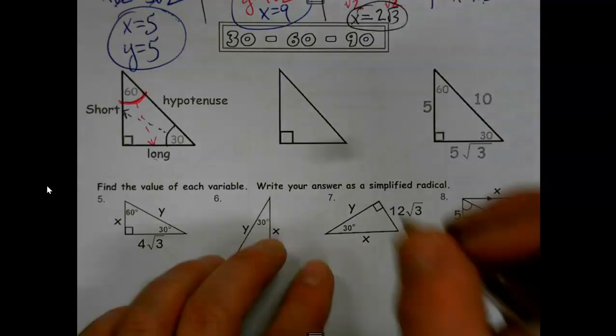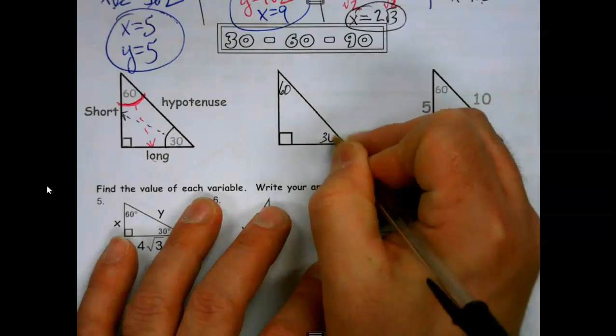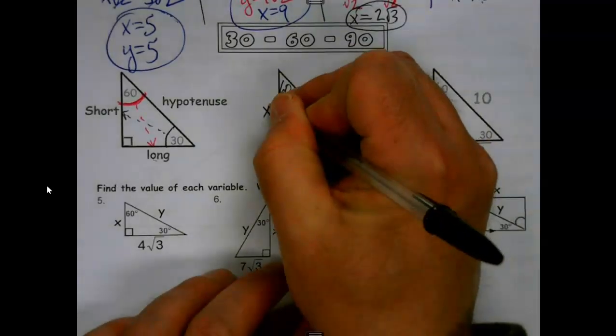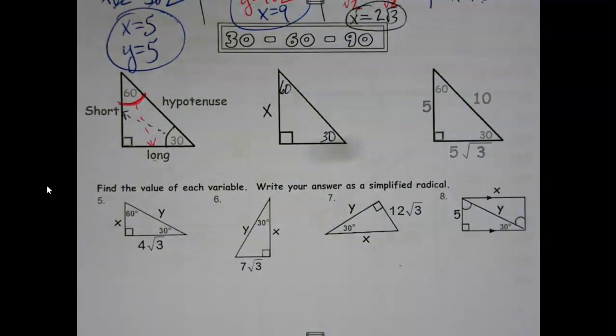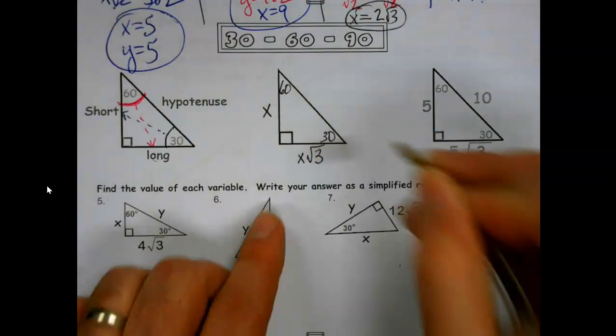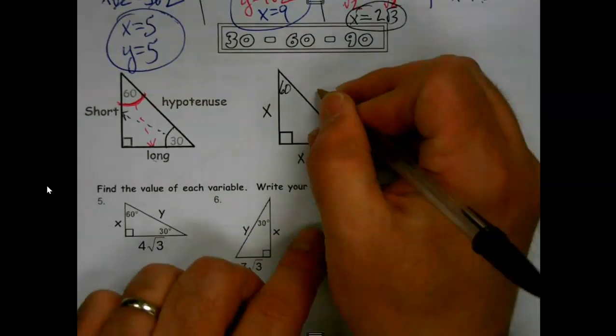And so when we get to our base triangle here, the short side will always be x. The shortest side will always be represented by x. The long leg will be represented by x times the square root of 3, which is a little easier to remember because 30, 60, 90, they're all divisible by 3, so that helps me remember the radical that goes with it.